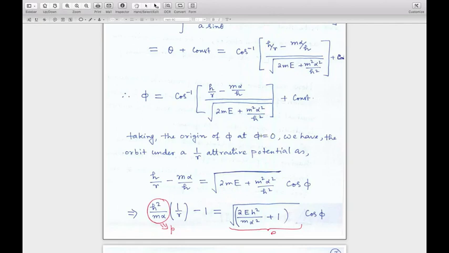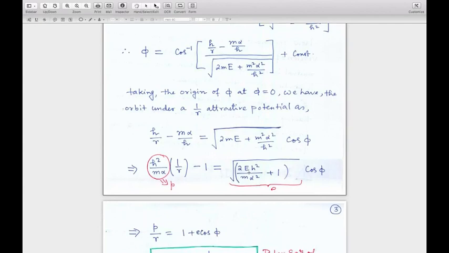For that case we simply have cos phi equal to h by r minus m alpha by h over the square root of 2mE plus m square alpha square by h square. That's exactly what I have written over here, and then I multiplied the denominator with cos phi.